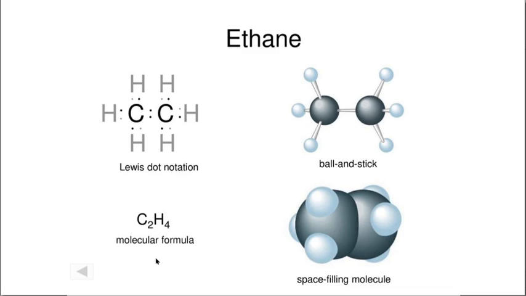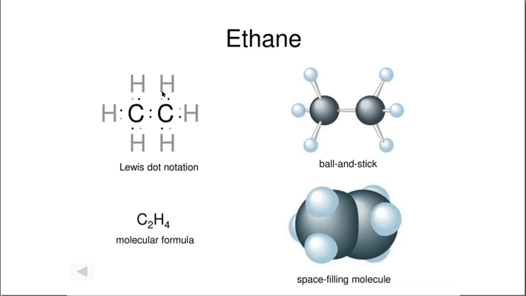For instance, here are some representations of this organic compound ethane. Here's the Lewis dot, which we know. Can you see the carbon has got its valence electrons, and then the hydrogen is sharing the electrons with it over here. There's 1, 2, 3, 4 electrons from this carbon, and 1, 2, 3, 4 electrons from that carbon, and then the little gray electrons are from the hydrogen.